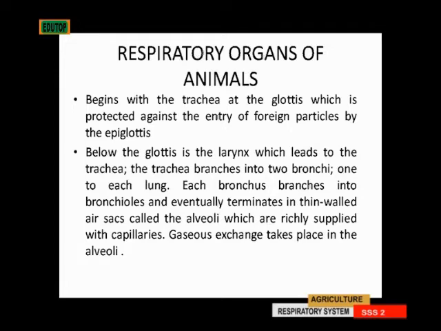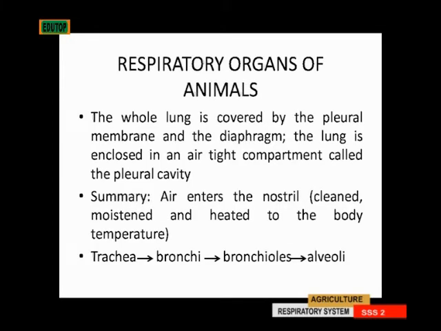The bronchioles terminate into the alveoli, which are richly supplied with capillaries. Gaseous exchange takes place in the alveoli. Now, the whole lung is covered by the pleural membrane and the diaphragm. The lung is enclosed in an airtight compartment called the pleural cavity.